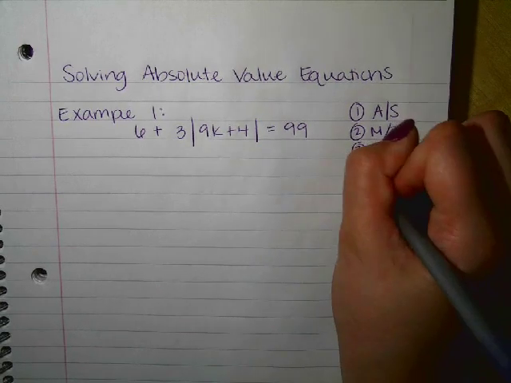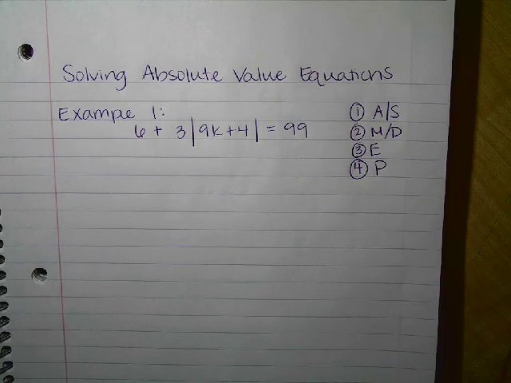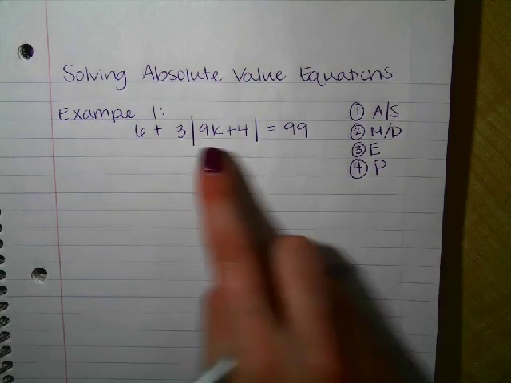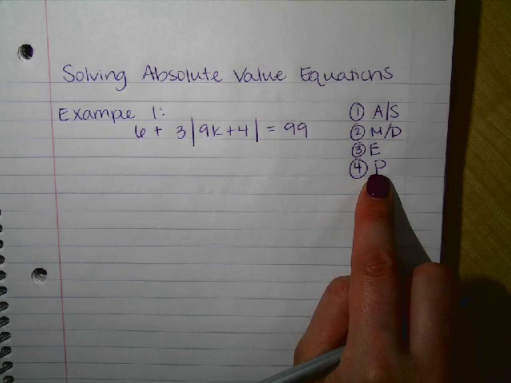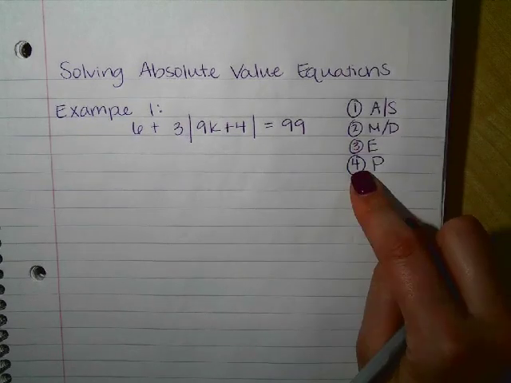And then our last step would be to get inside the parentheses, or they could be other grouping symbols. And today, our grouping symbols are absolute value. So we're not going to do P, we're going to do absolute value as our last step, okay? And then once you get inside the absolute value sign, then you go through the list again.